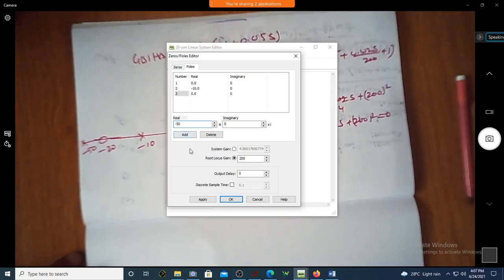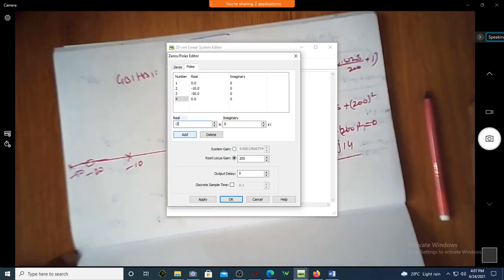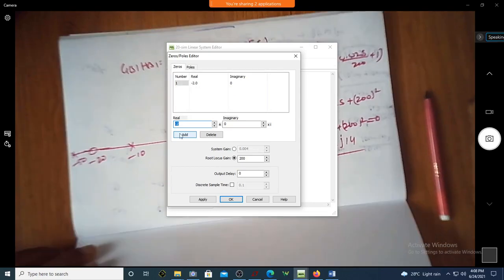And the complex poles: minus 2 plus or minus j14. The zero is at minus 20. Okay.